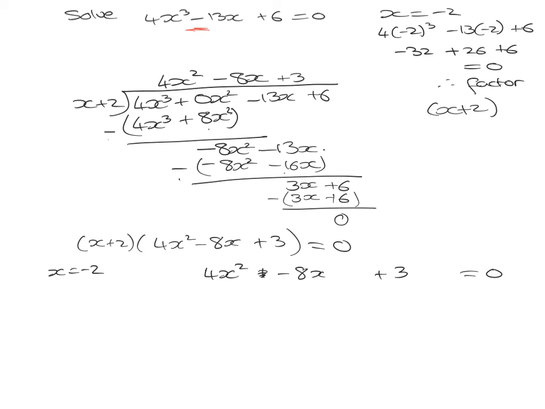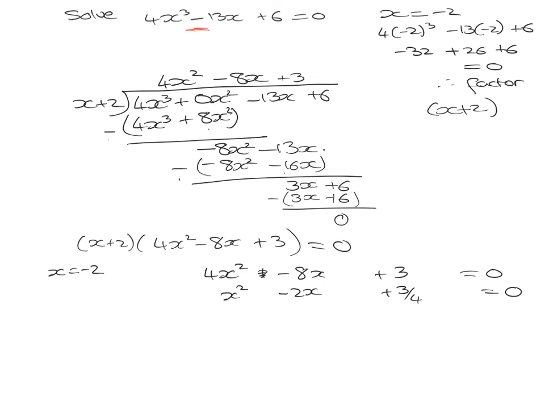So let's try completing the square. Remember, before we complete the square, we need to make sure the x squared coefficient is 1. So we're going to divide through by 4. So we get x squared minus 2x plus 3 over 4 equals 0, because 0 divided by 4 is 0.